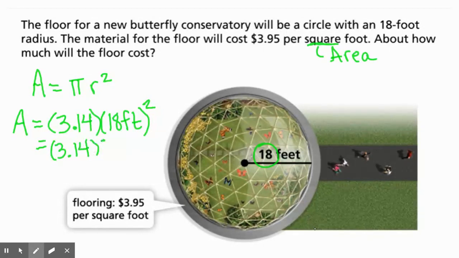Eighteen times 18 is 324 feet squared. Whenever you are squaring a unit, you just put the squared right there.